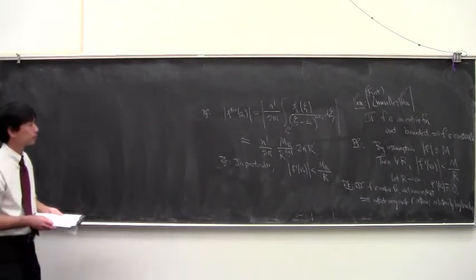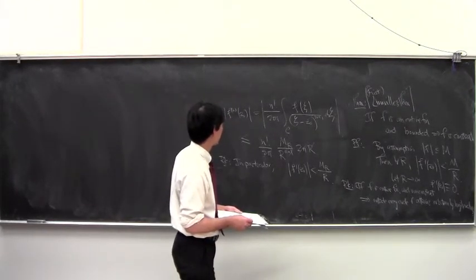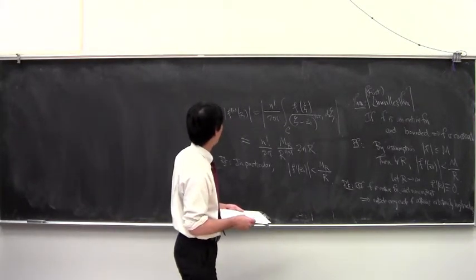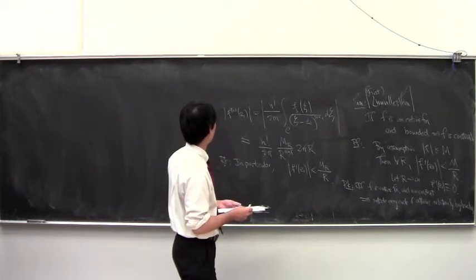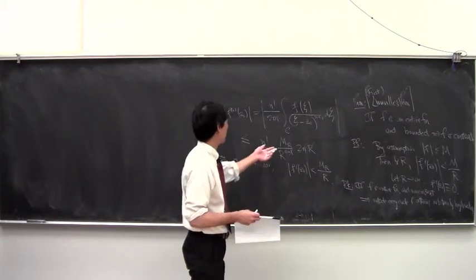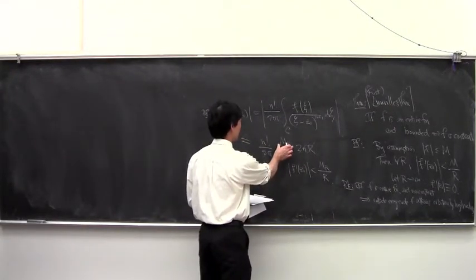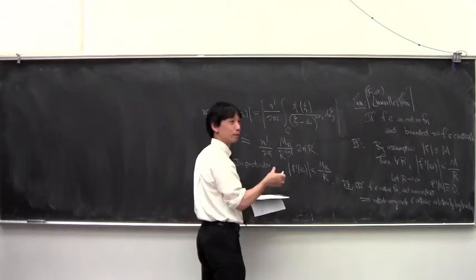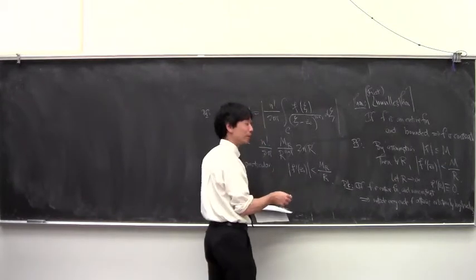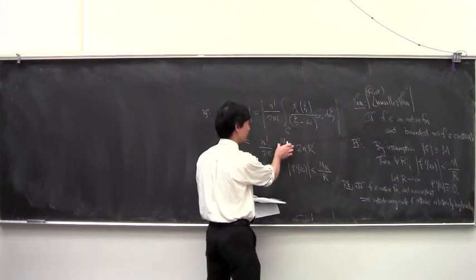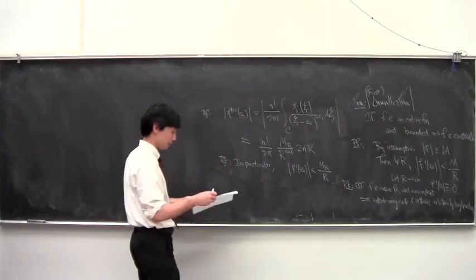Sorry, yes, should that be less than or equal to? It depends on whether you're thinking of this M sub R as being greater than or greater than or equal to.